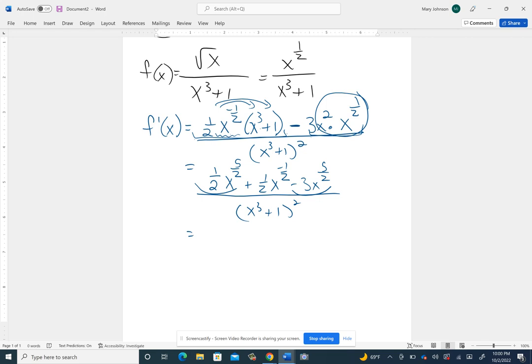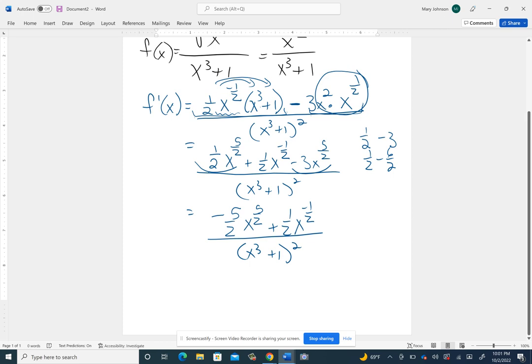There's some more fraction scratch work I'm going to show you. I'm trying to combine, and I have a 1/2 as a coefficient, take away 3. So that's 1/2 minus 6/2. So that's negative 5/2 x to the 5/2 plus 1/2 x to the negative 1/2, all of that over x to the third plus 1 squared.